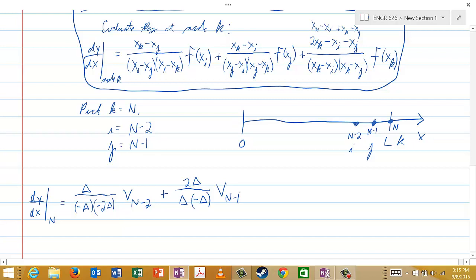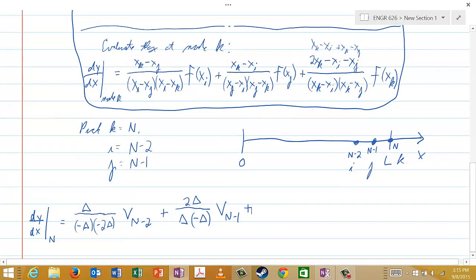And then the final term will be plus, now as is noted here, that 2xk minus xi minus xj could be written, as you can see right here above, as xk minus xi plus xk minus xj. And let's think about it that way. So xk minus xi will be 2 delta plus xk minus xj will be delta.